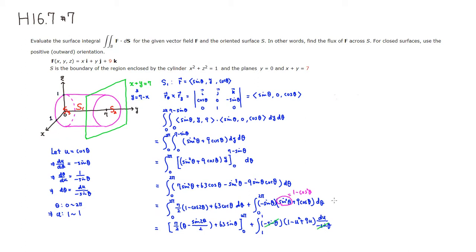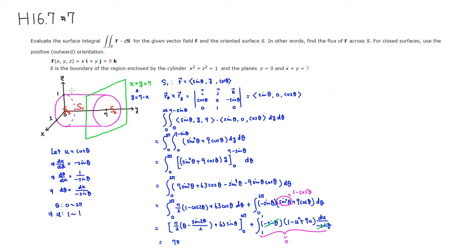So you can see that this whole thing is going to be 0. Then we plug in 2 pi, so you're going to get 7 pi. And plug in 2 pi here, sine of 4 pi is 0. And plug in 0, it's all 0. So you just get 7 pi.